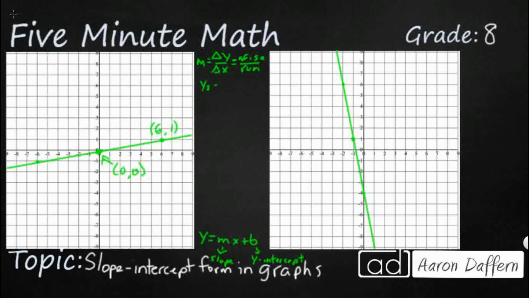Really we just subtract 2 y coordinates, and we subtract 2 x coordinates. But since that second set of coordinates is 0, it's going to be pretty easy. So it's these y coordinates, 1 minus 0, right? And then the x coordinates, 6 minus 0. So really it's just 1/6. So that's going to be our m.